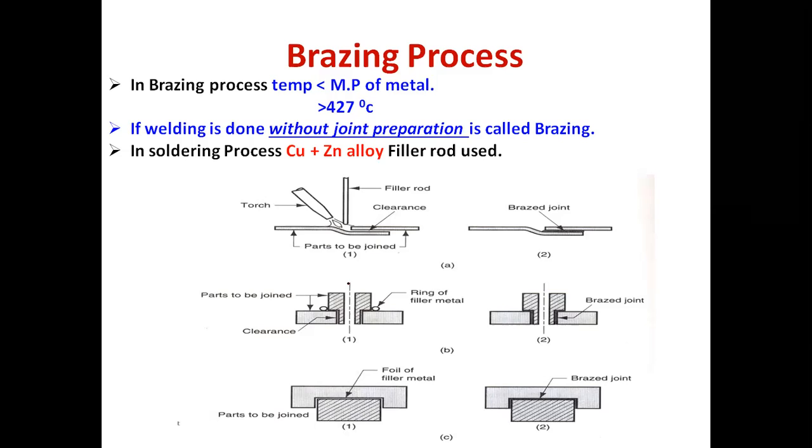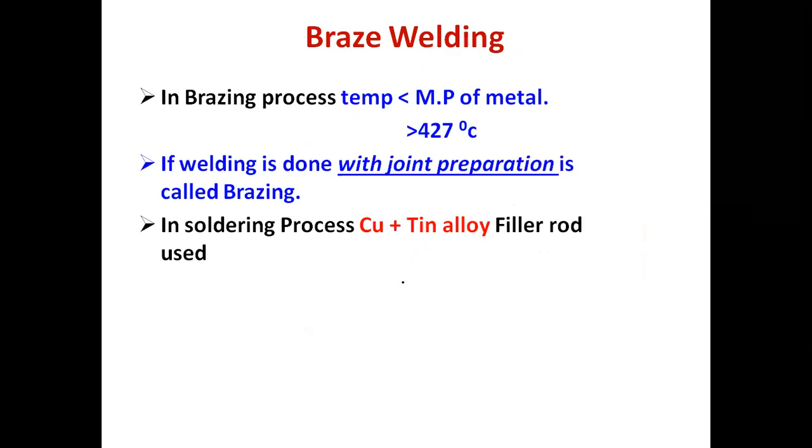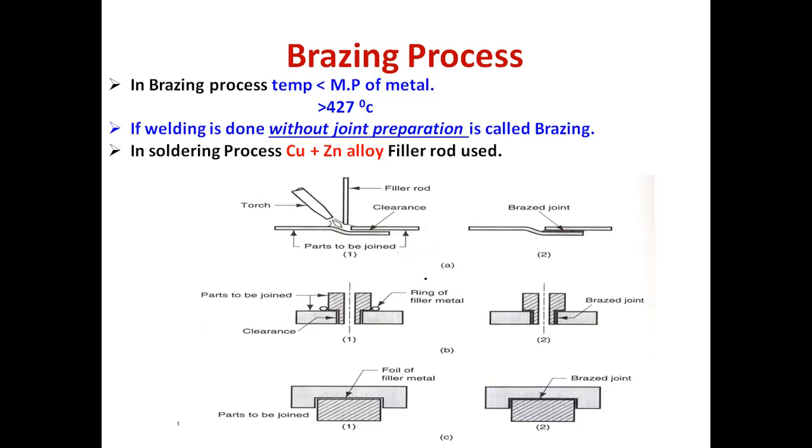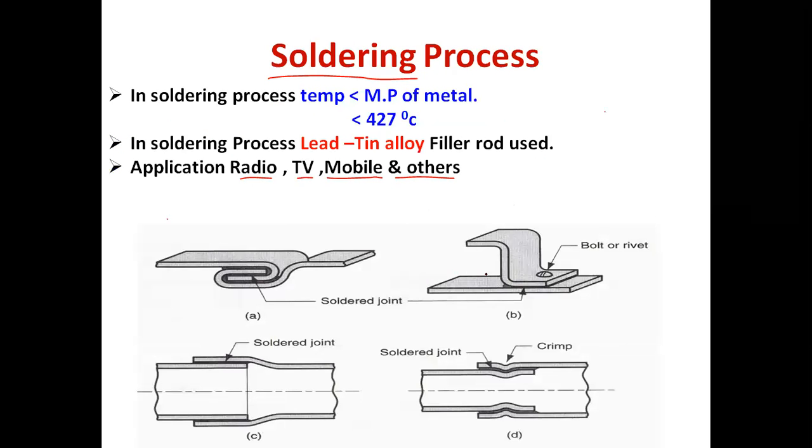You can see over here the brazing and braze welding. Braze welding is quite similar to brazing. But here we will see the difference between soldering, brazing, and braze welding. First, the principle.